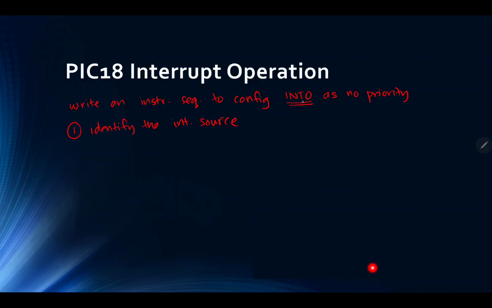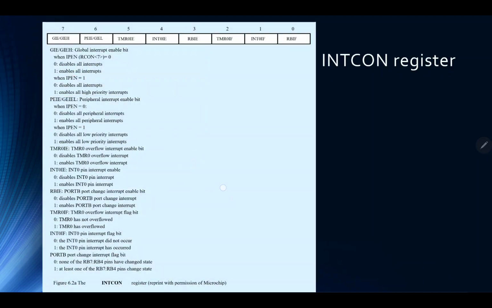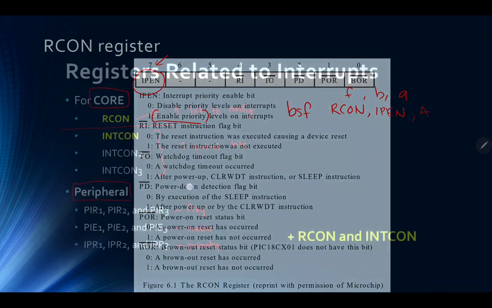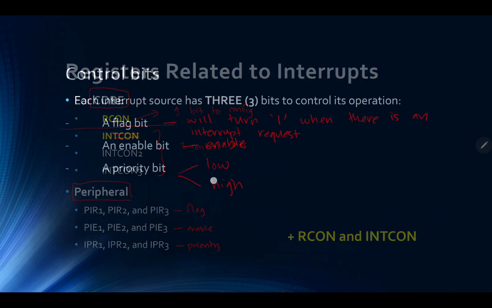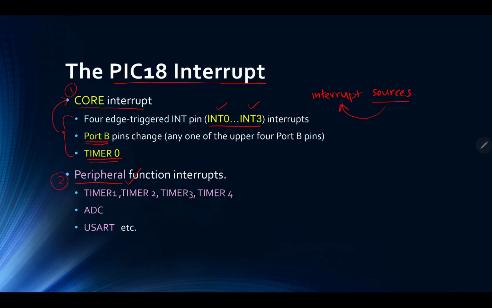Sometimes you see this kind of term, INT0, INT1, timer 0. If you see the previous slide, all these are interrupt sources: Port B change, timer 0 and timer 1, ADC, USART, etc. All these are interrupt sources.